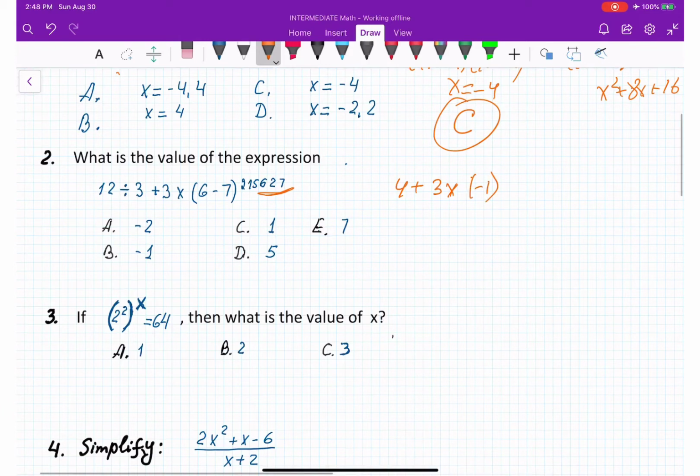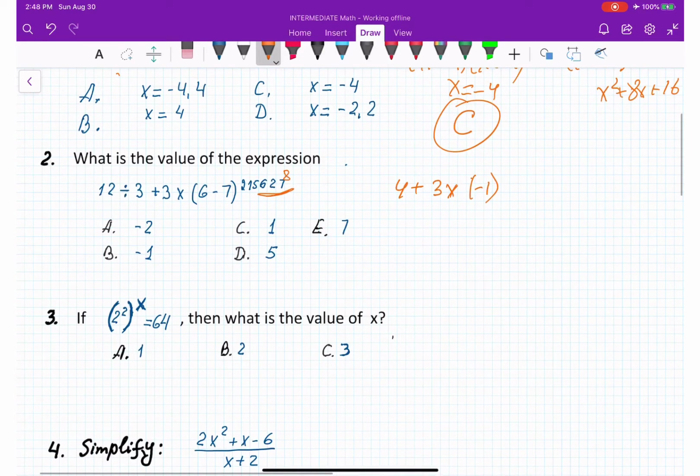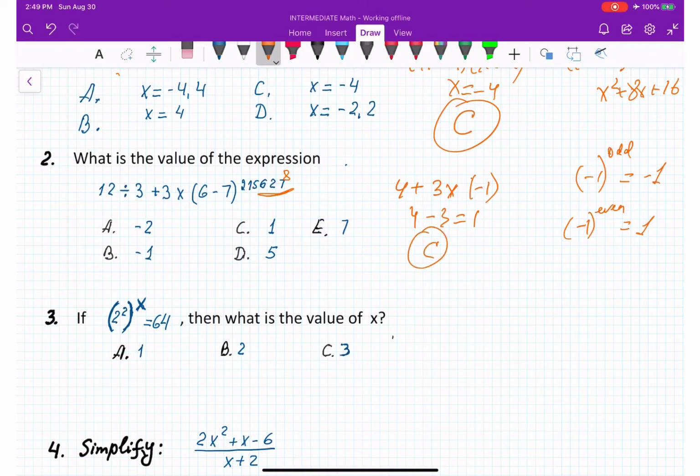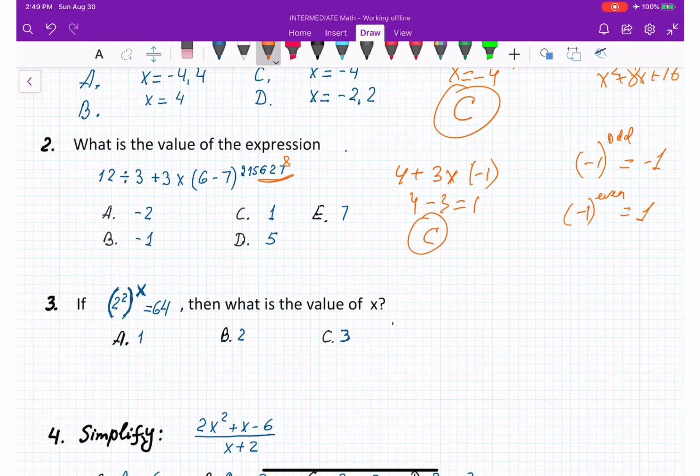Negative 1 to an odd degree, we get negative 1. Negative 1 to an even degree, we get positive 1. So we get 3 times negative 1. 4 minus 3 is equal to 1. So the answer is C.